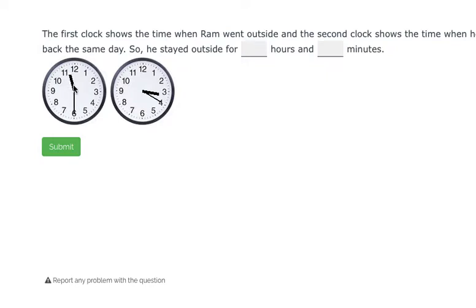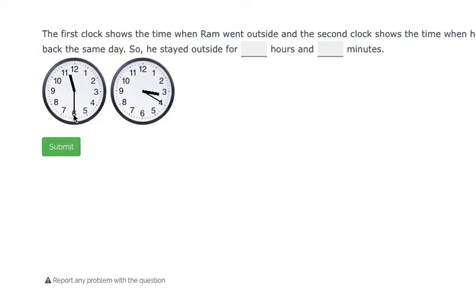This is the smaller hand and this is the bigger hand. The bigger hand always means minutes and the smaller hand always means hours. Don't get confused and say the bigger hand means hours. The smaller hand is close to 11, so it's 11 hours.